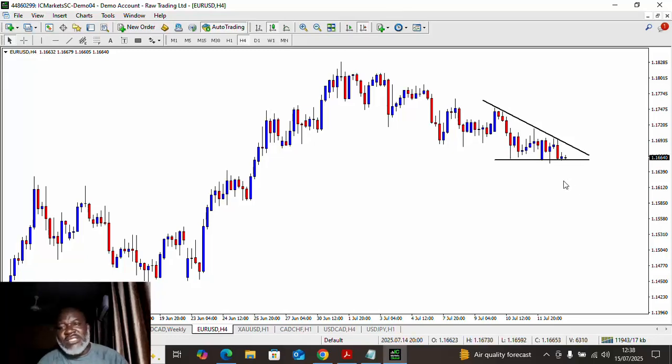But the way it is now, we want to believe that this is a descending triangle, so we'll look out for all the features of how this chart pattern is traded. If they pan out here, then we're going to trade it that way. Otherwise, we look for other trading strategies that we're going to deploy to give us the edge that we require in this market.